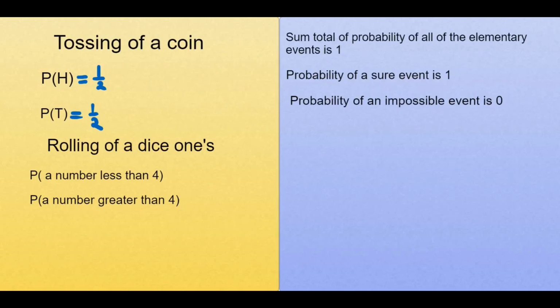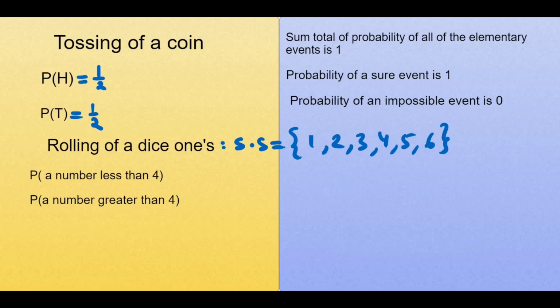In case of a dice rolled once, the sample space will consist of numbers 1 to 6. Then what is the probability of getting a number less than 4 when a dice is rolled only once? Less than 4 means we consider 1, 2 and 3. So 3 out of the 6 choices means 1 by 2.